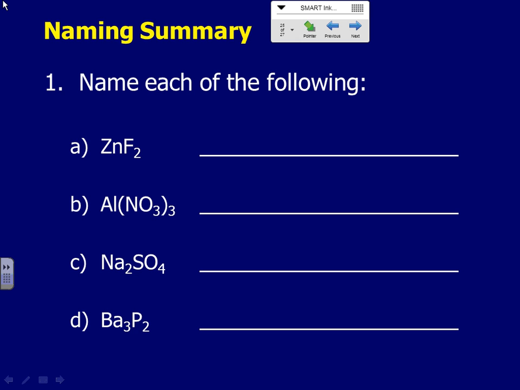And not only is there a sulfate, but there's a selenate, and there's a tellurate. And not only is there a phosphate, but there's an arsenate and an antimonate. And you will learn about those next year, because I will make you learn all of those. They're exciting.